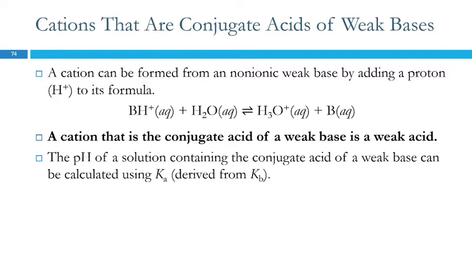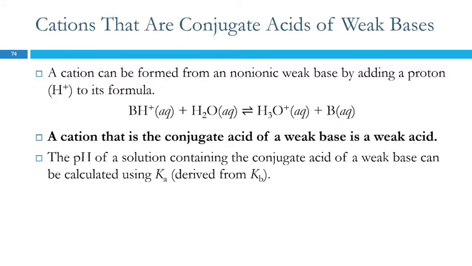So when we were talking about the anions that were conjugates of weak acids, they act as weak bases. Here, we're talking about cations. If they're conjugates of weak bases, they can act as weak acids. So if one conjugate is weak, the other conjugate is also weak.